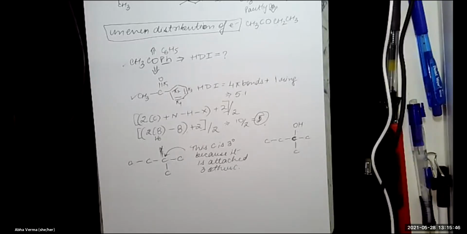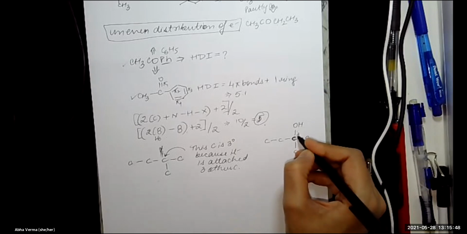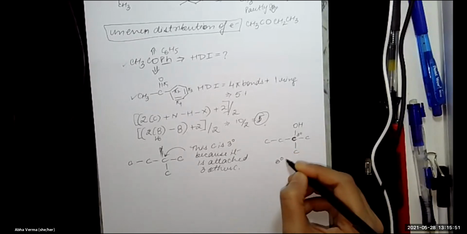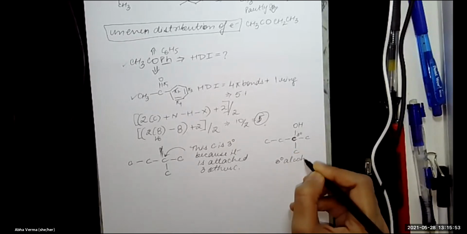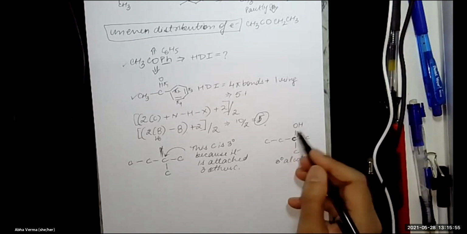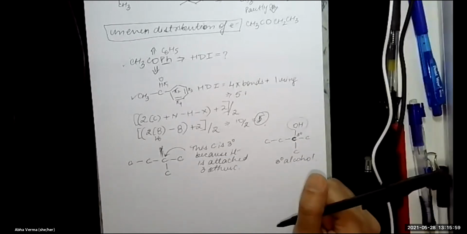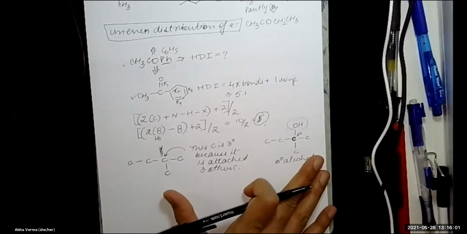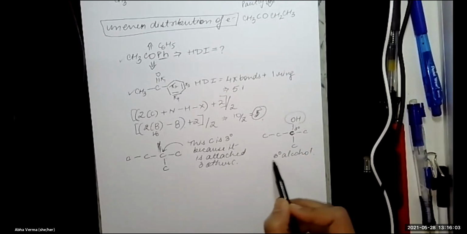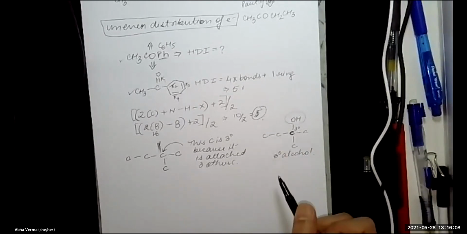But now, in this particular example, you have a tertiary alcohol. Or even if you don't know what this OH is, it's a hydroxide species. Don't worry about it. My main aim was for you to see that it will be a tertiary alcohol.